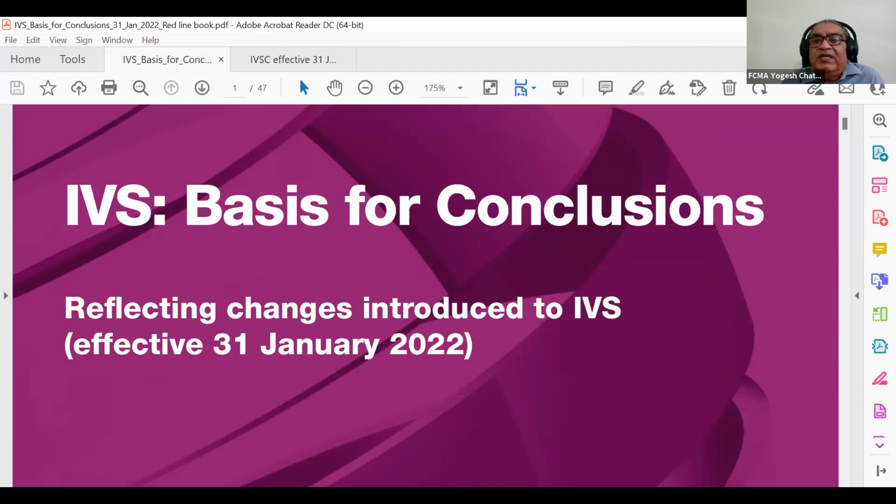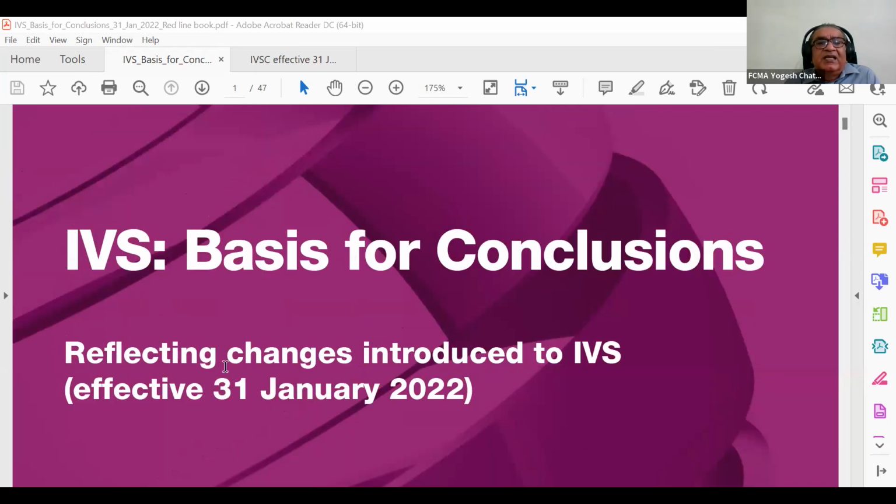It will always invite comments from all the stakeholders. A similar exercise is done for this IVS prior to amendment. So this is the basis of conclusion, reflecting changes introduced to IVS effective from 31st January 2022.